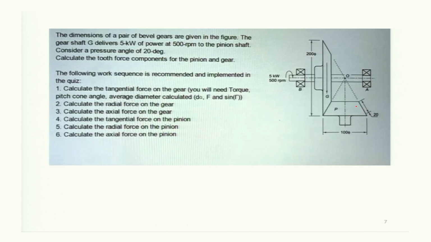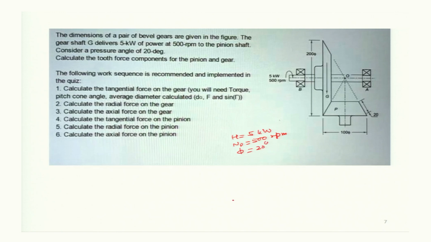The gear shaft G delivers 5 kilowatt of power, and so H is 5 kilowatt, and the RPM of the pinion shaft, N of the pinion, is 500 RPM. Consider a pressure angle of 20 degree, phi is given as 20 degree.